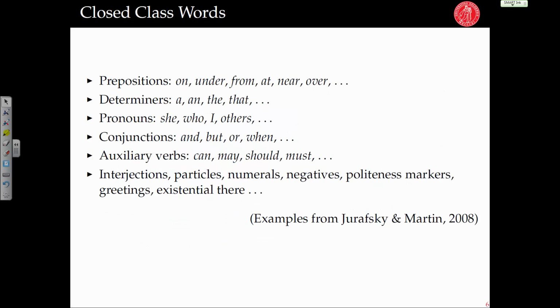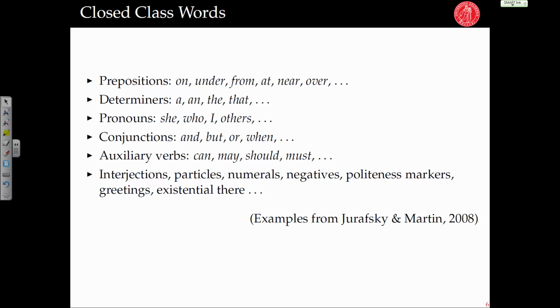Closed class words are, as I said, this small group of words that has a static membership, and their main function really is to make it possible for us to put different pieces together in language.